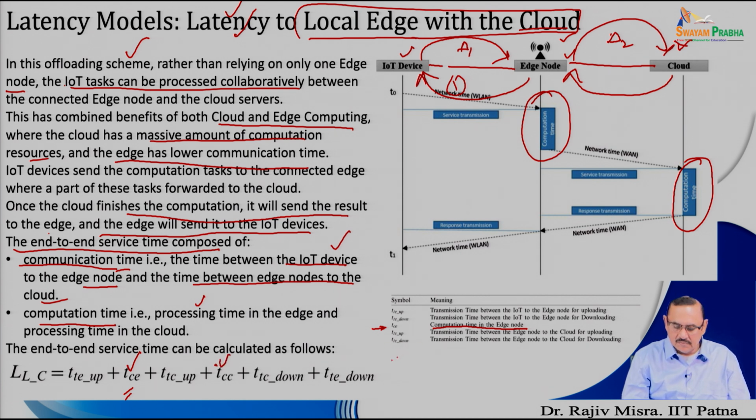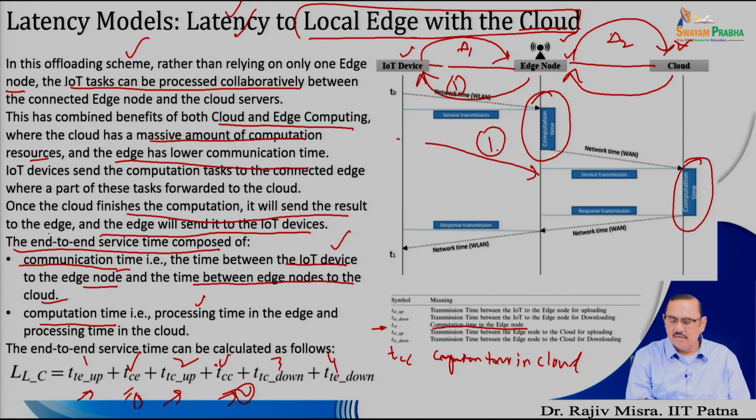This is called computation at the cloud, called TCC. So, these will form the computational delay, while the remaining becomes the communication delay. So, communication delay has components 1, 2, 3 and 4.